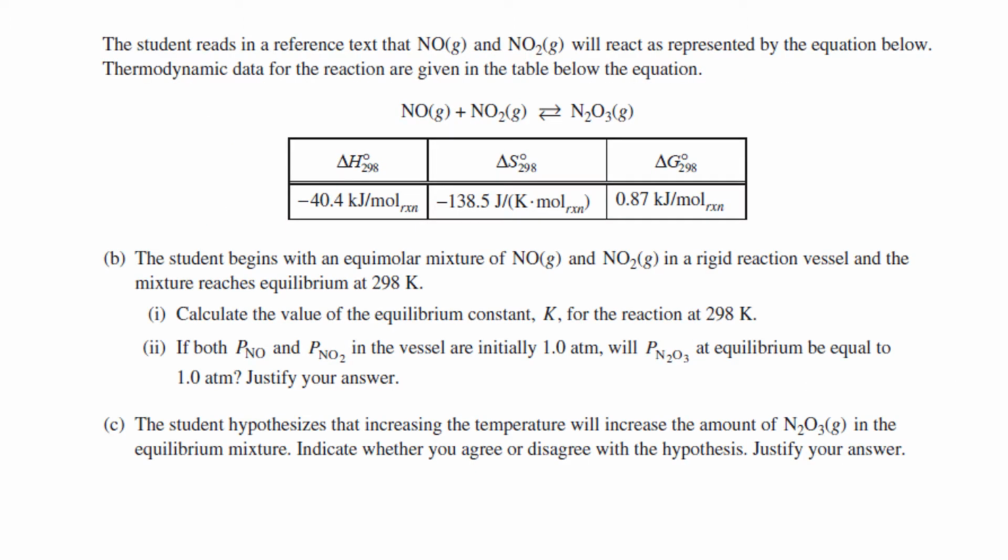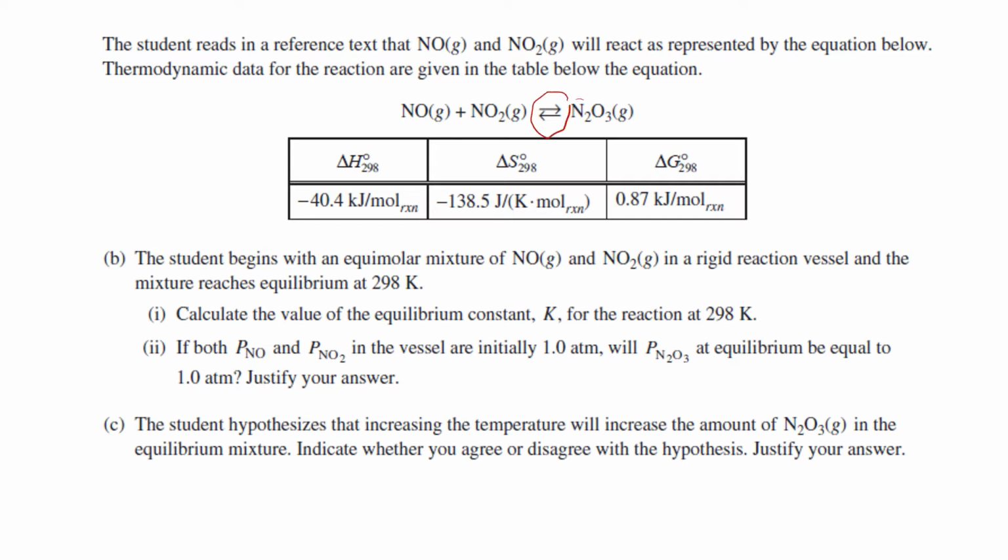The next 2 parts of this question, they're giving us some thermodynamic information, and the student is referencing in the text that nitrogen monoxide and dioxide will form this equilibrium reaction to form dinitrogen trioxide.